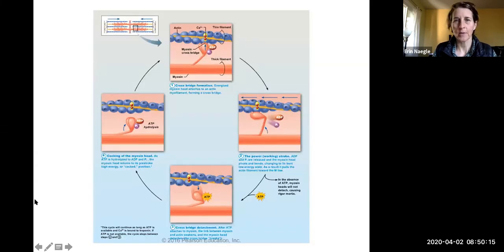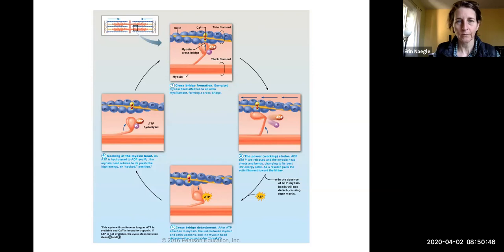Okay, so things to note about this, as you just saw in the video, which says it much better than I can, is that this myosin head is going to go through this cycle of being attached to the actin, released from the actin, and then rebinding to the actin. And what it's doing and how it's moving is entirely dependent upon whether it's attached to ADP and phosphate or ATP.